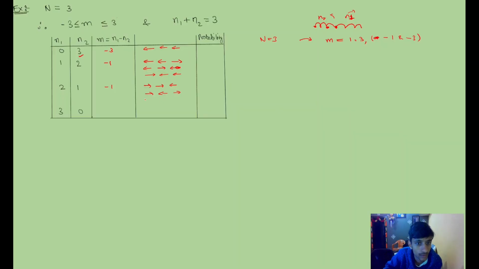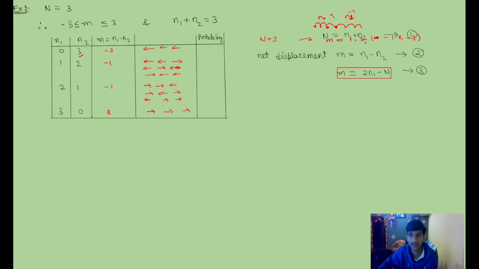And now the last one is in which he moves all the steps toward right, therefore the net displacement has to be 3. And there is only one possible way in which he can do this, right? So these are the only possible ways in which he can move.